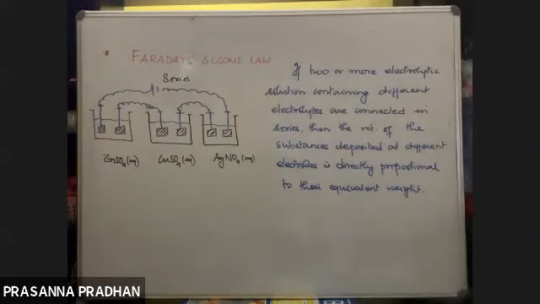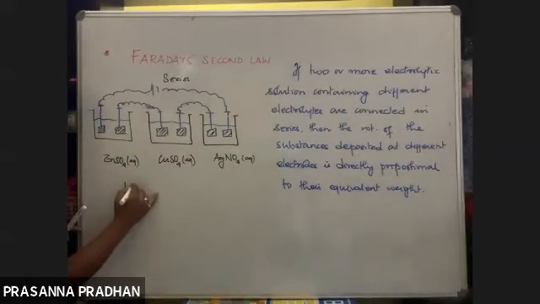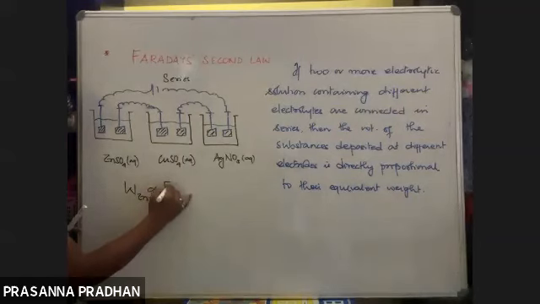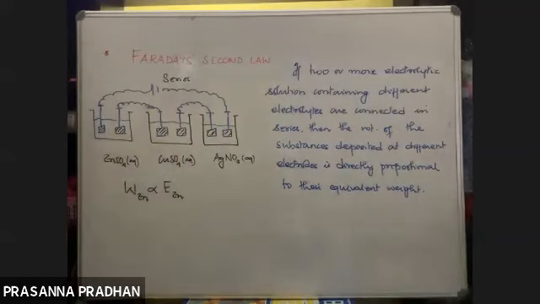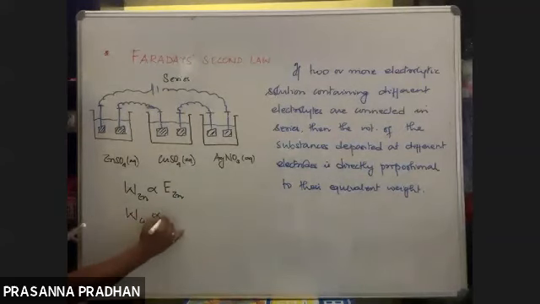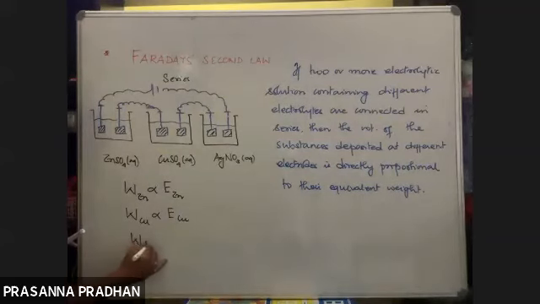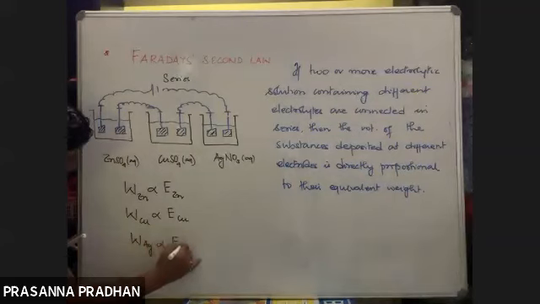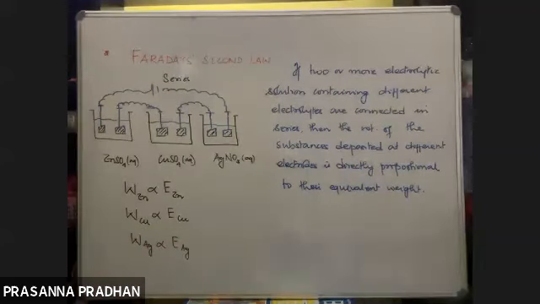So the weight of zinc deposited is directly proportional to the equivalent weight of zinc. The weight of copper deposited will be directly proportional to the equivalent mass of copper. The weight of silver deposited will be directly proportional to the equivalent weight of silver. Yes?